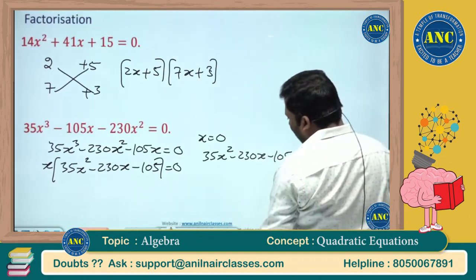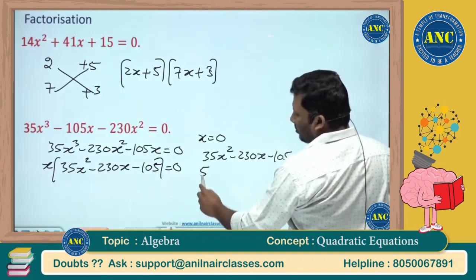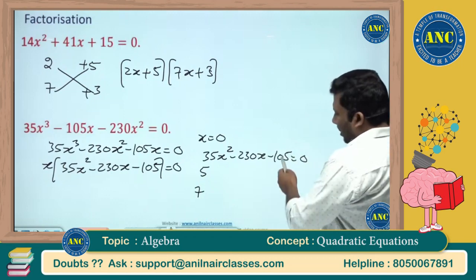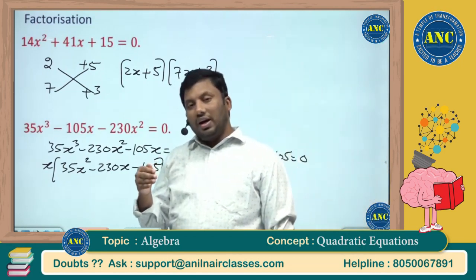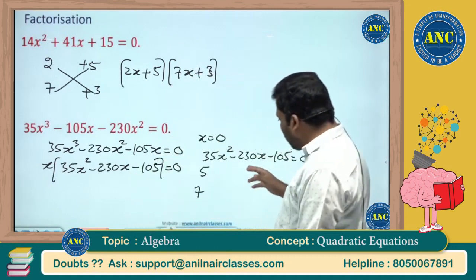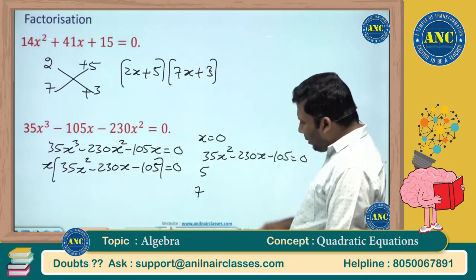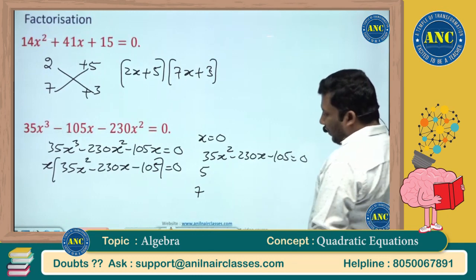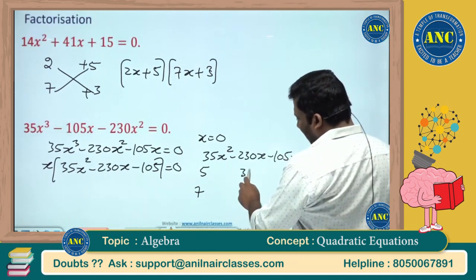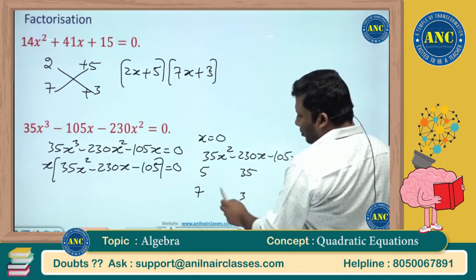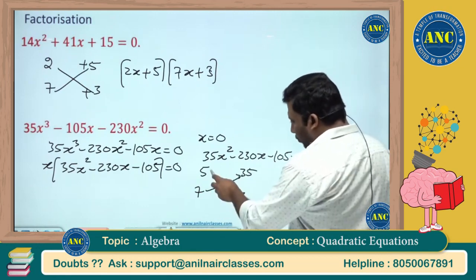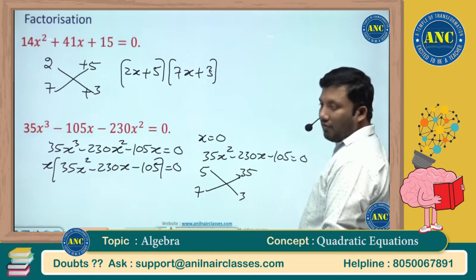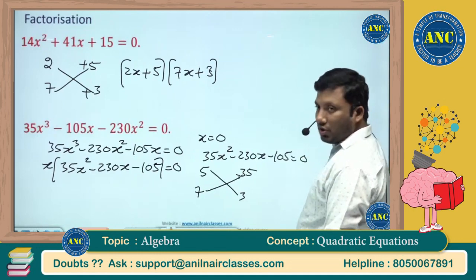Now, I require 35x square. 5 7s are 35, and 105. What are the factors of 105? 1 into 105, 3 into 35. 3 into 35, 35 3s are 105, 7 35s are 245. 245 plus 15 is 260.